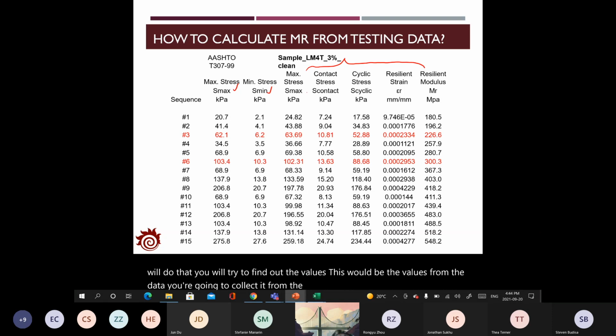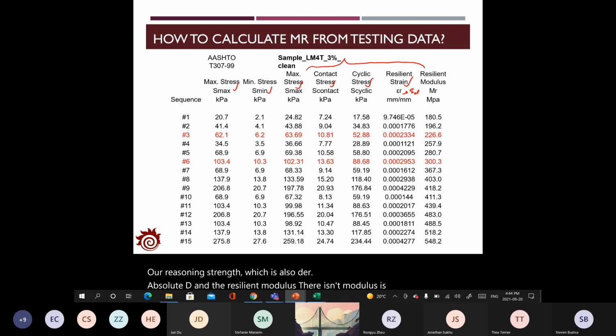So you have the actual measured maximum stress, the contact stress, the cyclic stress, the resilient strain, which is also epsilon d, and the resilient modulus. The resilient modulus is actually calculated based on the cyclic stress and the resilient strain.